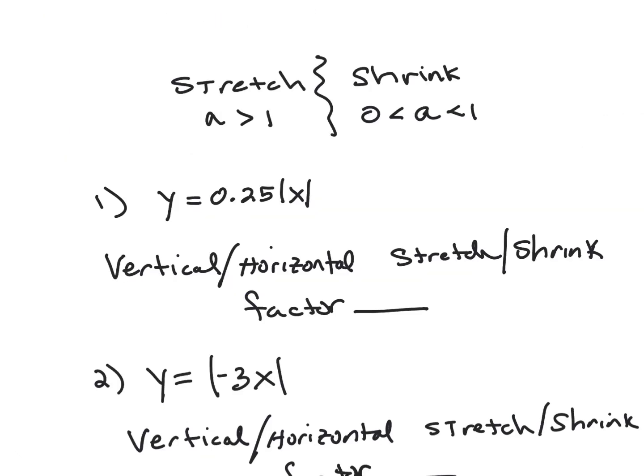Okay, so remember a vertical stretch, it's always a stretch when the factor is bigger than 1, and when the factor is between 0 and 1, then it is a shrink. So here we have a problem. We have 0.25 being multiplied. Something that's being multiplied can be called a factor.